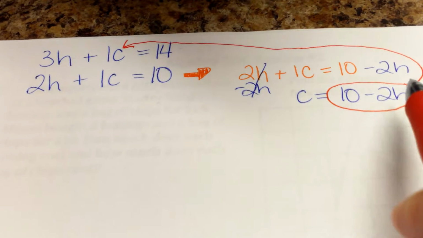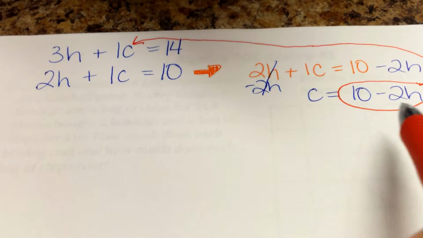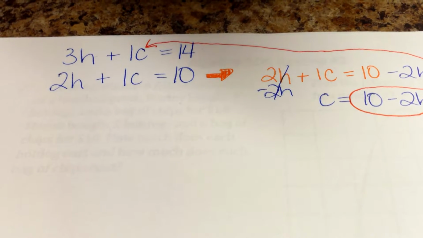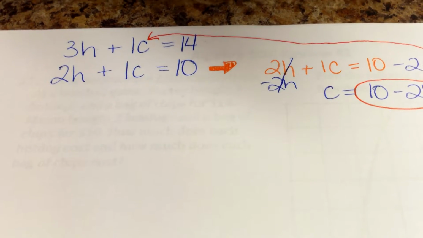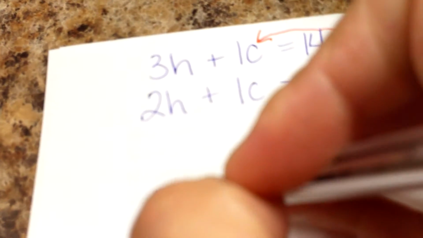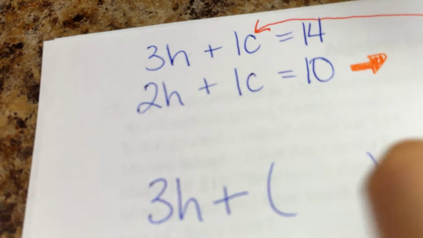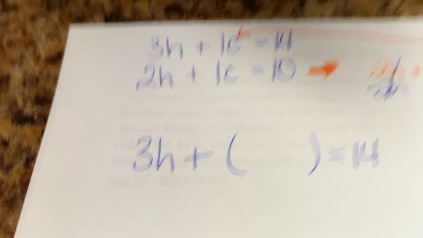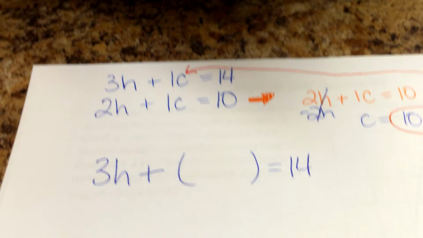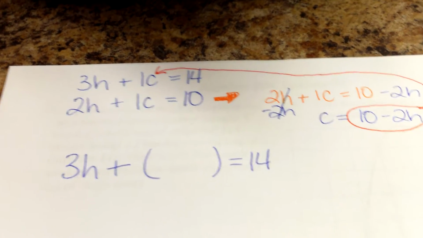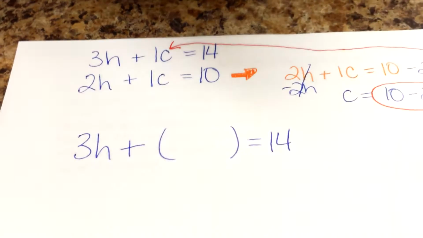We moved the 2H to the other side. So C equals 10 minus 2H, and we're going to plug it into the top one. So now my top one is going to look like this. 3H plus, we're going to figure out what C is, equals 14. And we're substituting this part for the C. So that's what's going to go here in the parentheses.